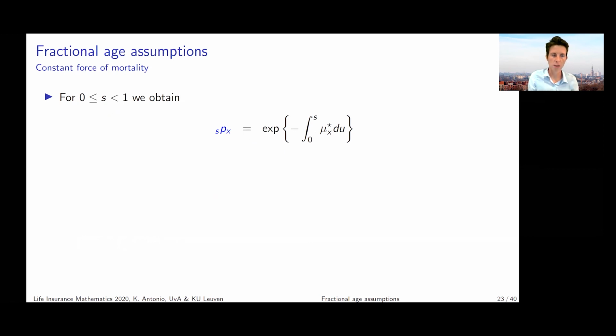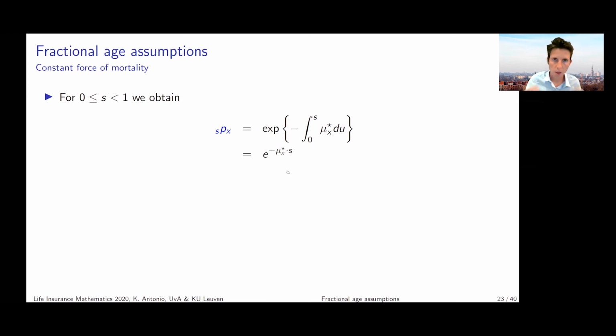So what if we take an s between 0 and 1? And if we want to know what is spx, then that is the exponential of minus the integral from 0 to s of the mu x. And we take the integral over an integration variable, say u here, right? So if I do the manipulations, then I've got e to the power minus mu x multiplied with s.